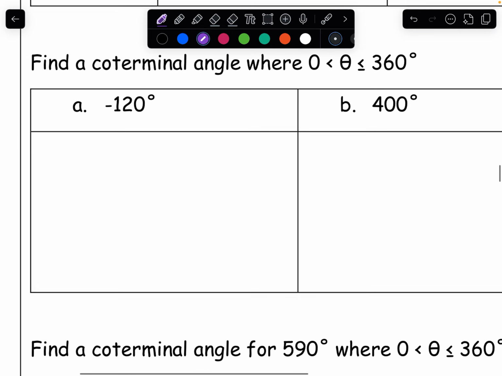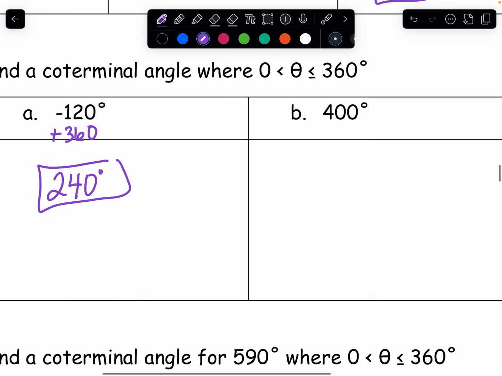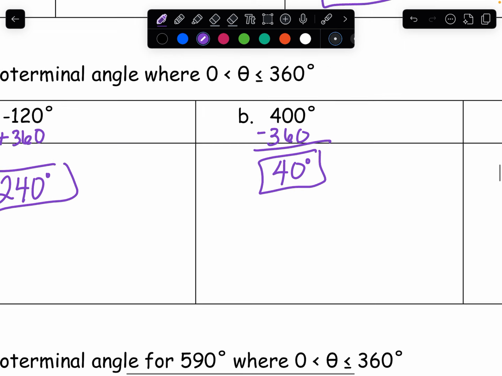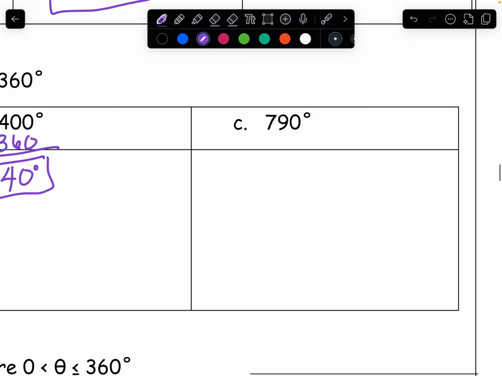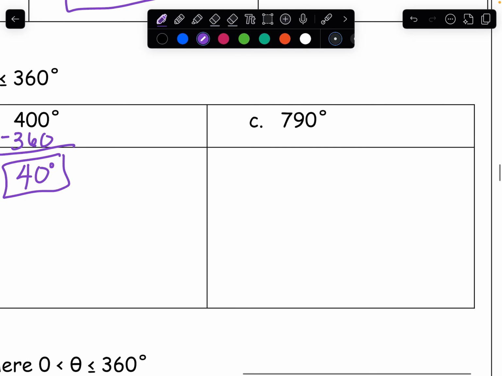Okay, so now we're going to find a coterminal angle that's between 0 and 360. So you just have to figure out what you're going to do. This is less than 0, so we're going to add 360, which would give us 240 degrees. Now B, that's greater than 360, so we want to subtract it, which will give us 40 degrees. C, it's greater than 360, so we're going to subtract it, and what we get is 430 degrees.